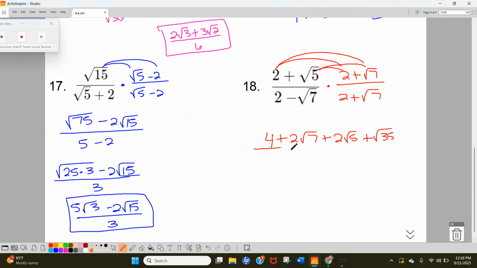And on bottom, we get 4 minus 7, because this would multiply as 4. This would be negative square root of 49, or just negative 7. So then we have all of this. Nothing simplifies, nothing combines. So we just have all of that over negative 3.